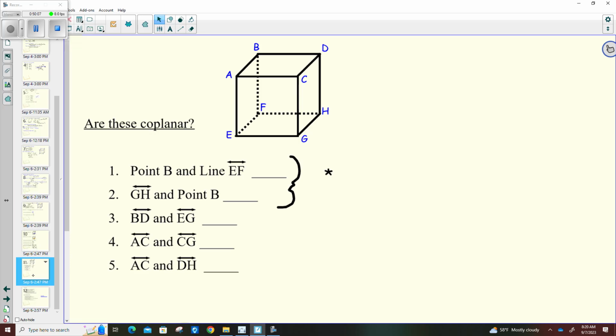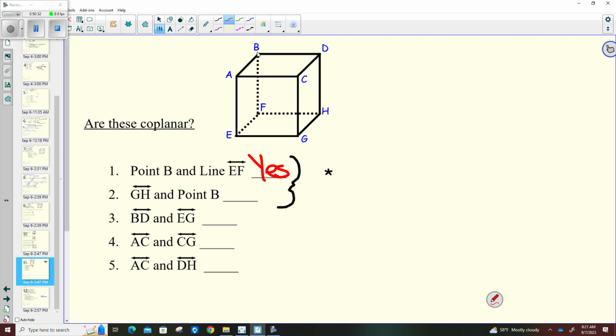Before anybody says anything out loud, I want you to find point B and line EF. Are they coplanar? Yes? Okay. Because you've got that whole plane over there, yes?